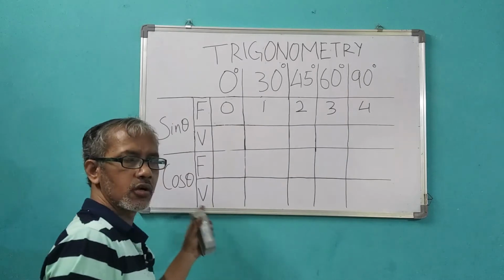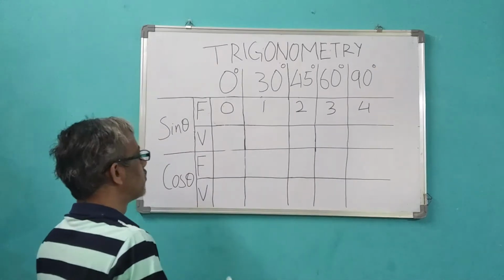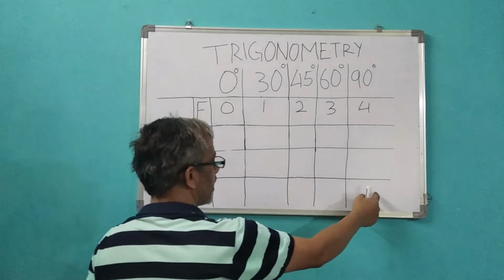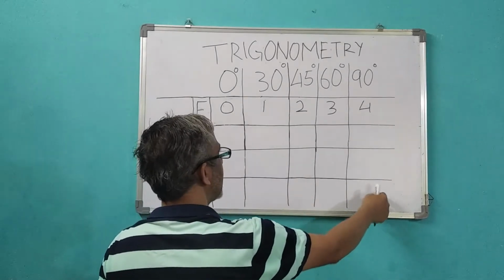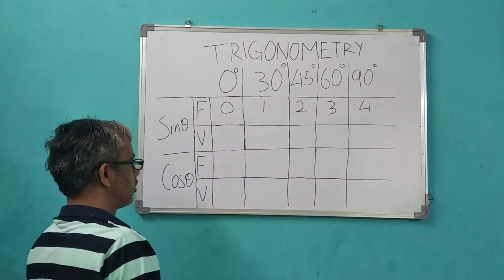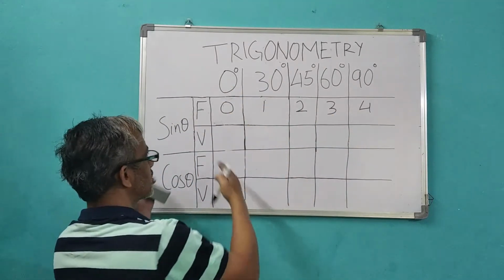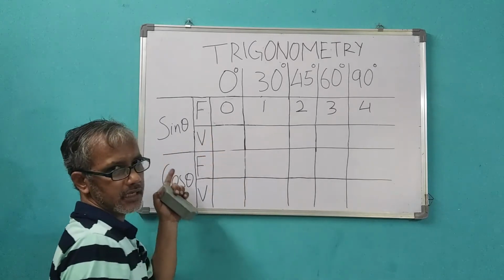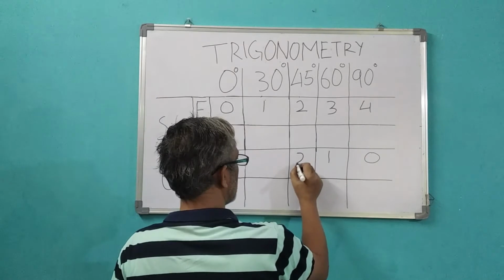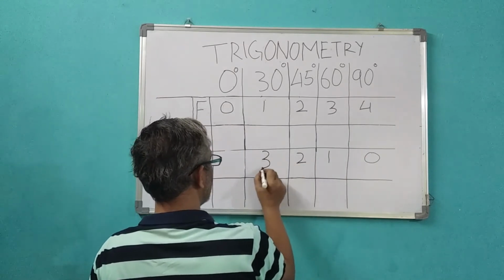And for the cos theta function, we will start writing 0 from 90 degree and end with number 4 for the 0 degrees. So it is the reverse of what we did in sine function. So 0 here, 1, 2, 3, 4.